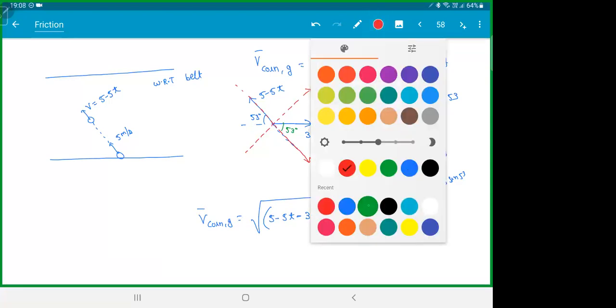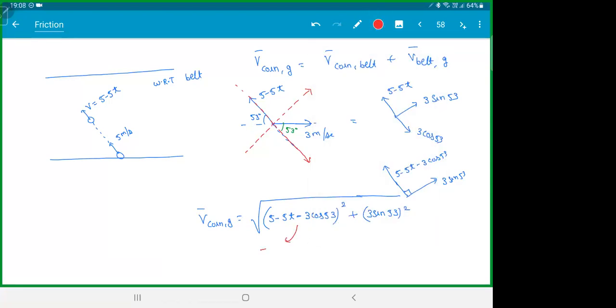Now, in order to get a minimum value, this term here should be 0 for minimum speed. Because see, this is constant. You can't change this value. This is the only value which will change with time. So I can put a value of time such that this has to be 0.